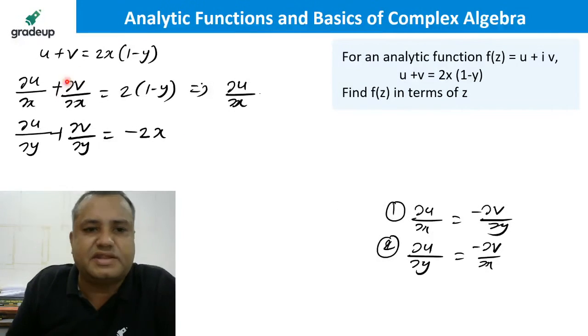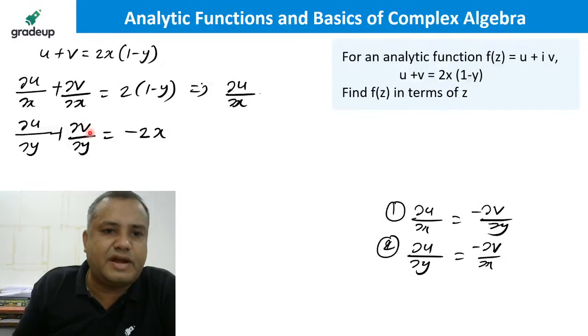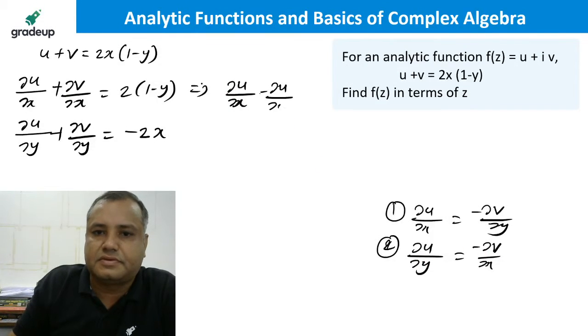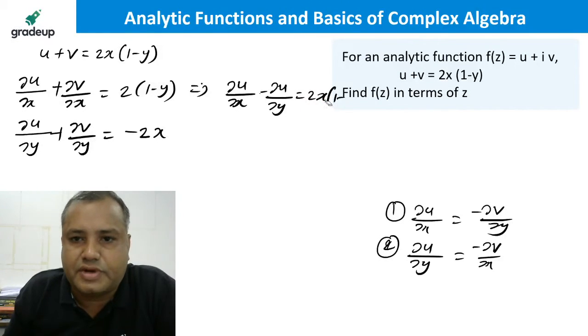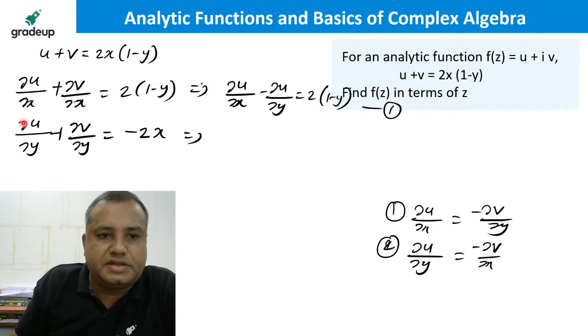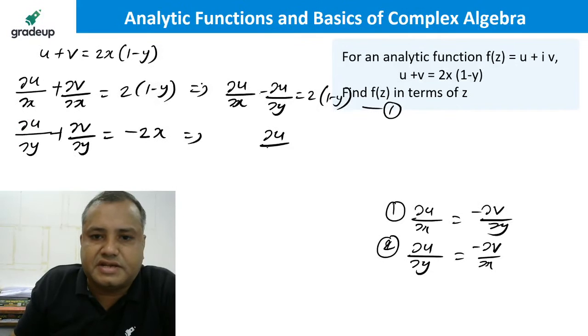So you can eliminate del v by del x and del v by del y from both equations. Del u by del x stays as it is and del v by del x is replaced by minus del u by del y. So this is 2 times (1 minus y). This is equation 1. And del u by del y as it is, I am writing second.